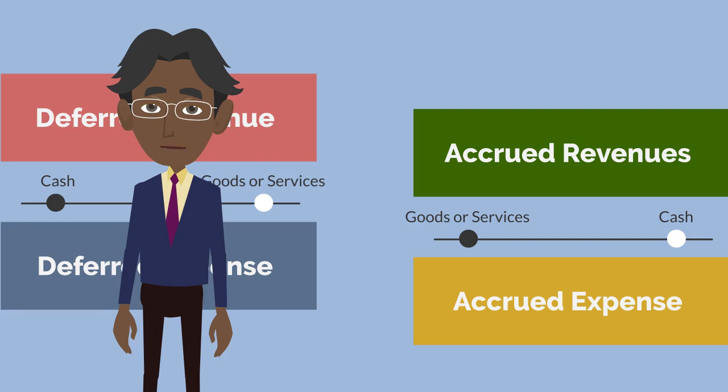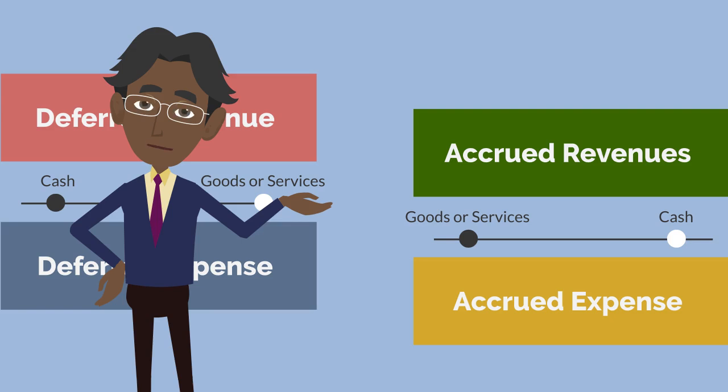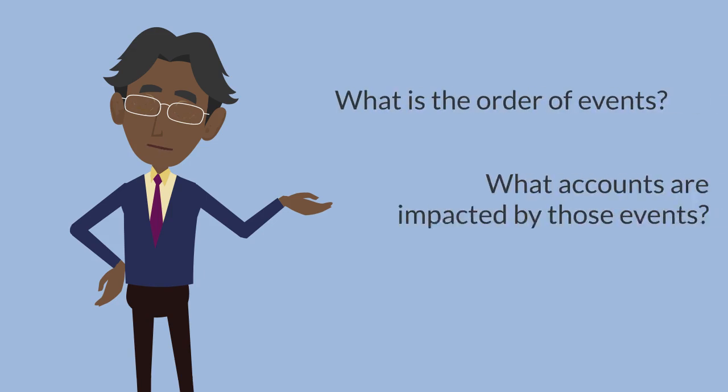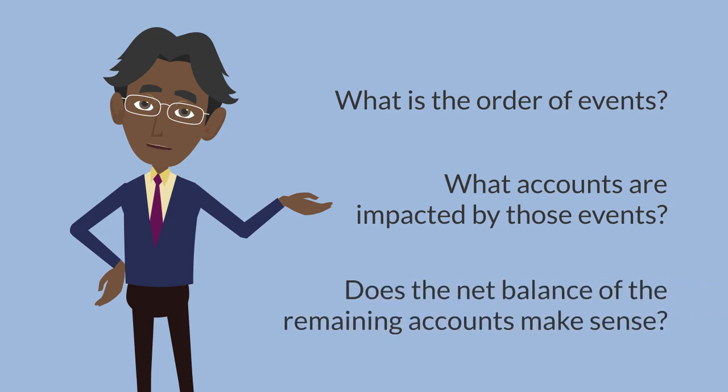In both cases, the event occurs at a different time from the cash exchange, and will require an adjusting entry to settle the temporary accounts from the first event. So, when approaching these questions, make sure you ask yourself, what is the order of events? What accounts are impacted by those events? And most importantly, after all the adjustments, does the net balance of the remaining accounts make sense?